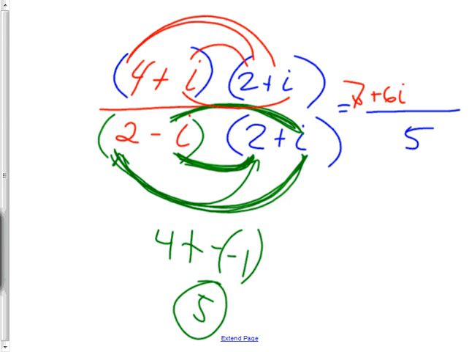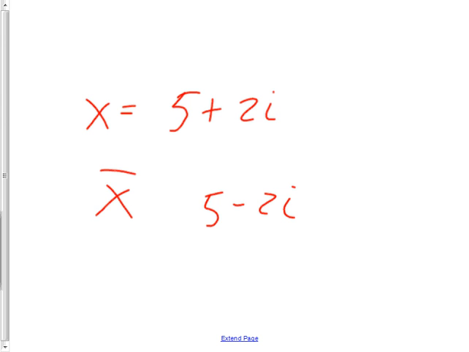Okay, good. So, a couple of little things for terminology. Let's say I had 5 plus 2i. What's its conjugate then? 5 minus 2i. If this was called x, then there's a terminology for saying conjugate that's a lot simpler than writing out conjugate of x. It's that.